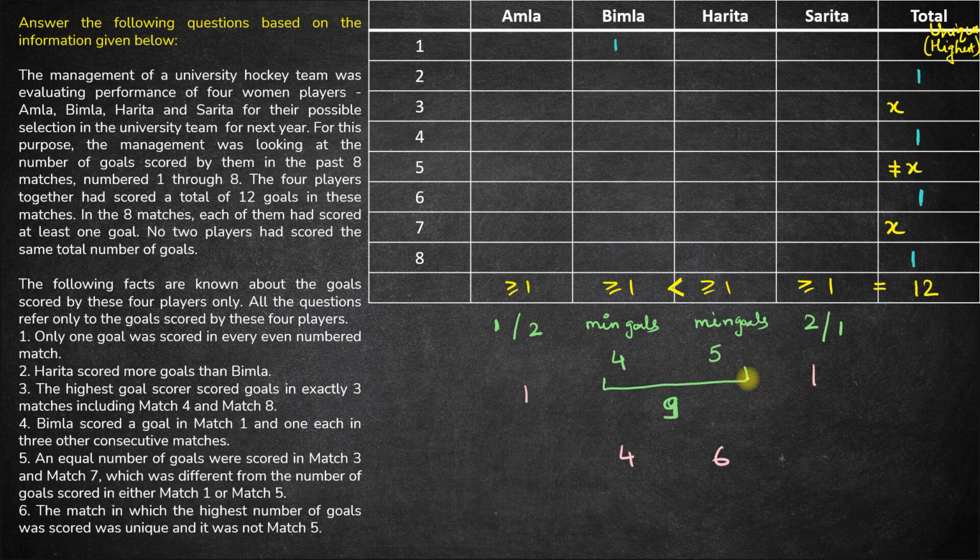So this cannot be 1-1. This cannot be 0-2 either. So the sum of these 2 goals cannot be more than 9. It has to be 9 only. So the only values possible here are 4 and 5. So the minimum case is the only possible case.